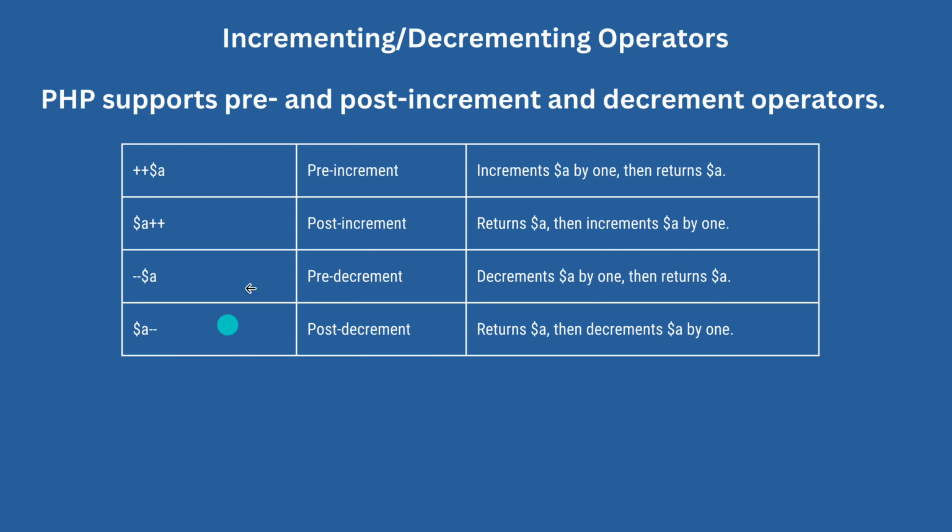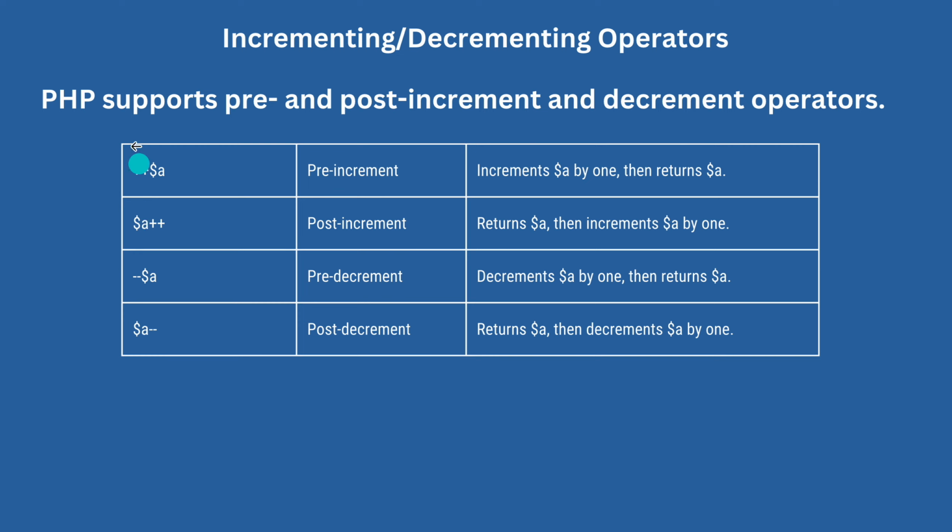Now you see here the pre and post incrementing and decrementing operators. PHP supports pre and post increment and decrement. See pre: it increments $a by 1, then returns $a. Here it returns first and then increments by 1.